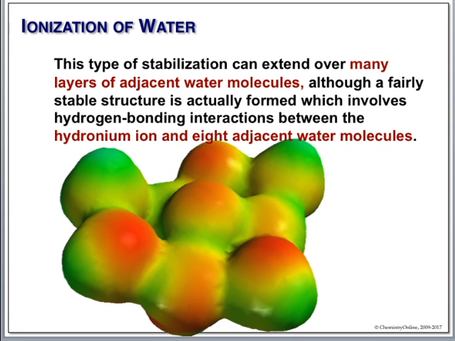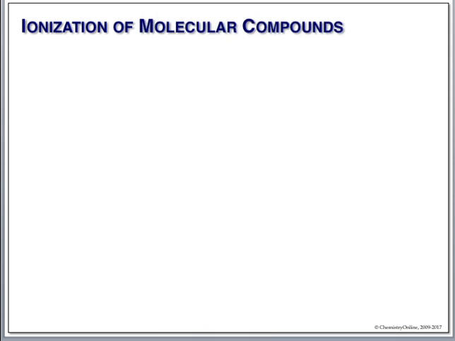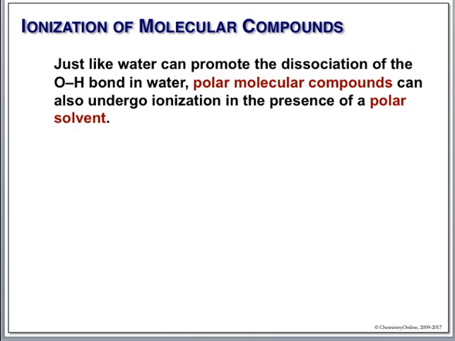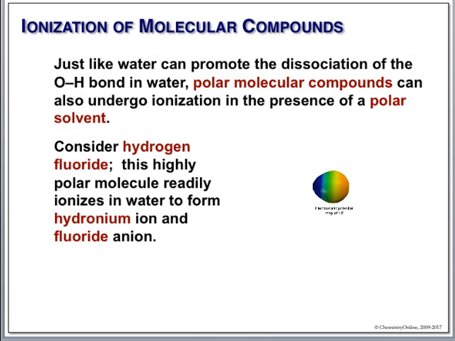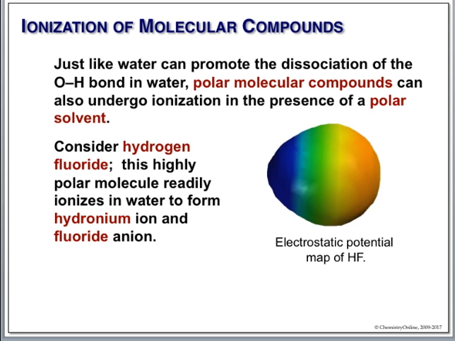What does this have to do with acids and bases? Well, water is so good at dispersing this charge that it not only works with water itself, but it works with many, many compounds that have polar covalent bonds.